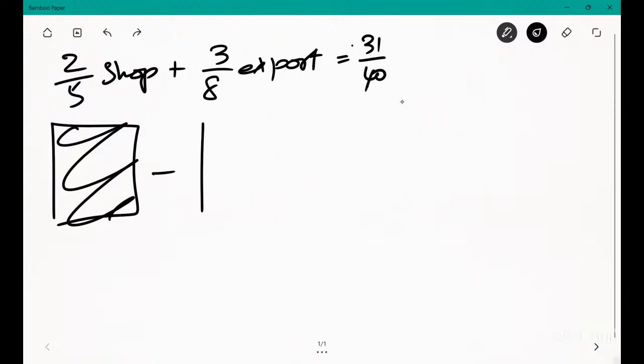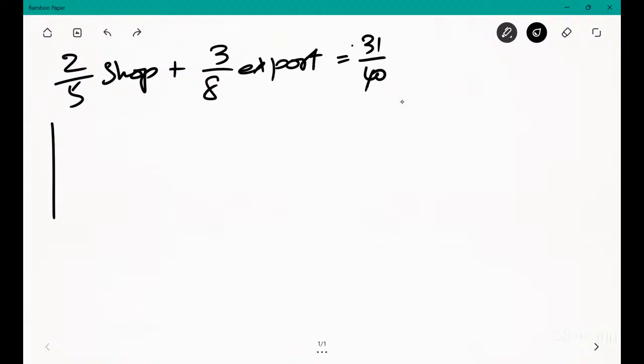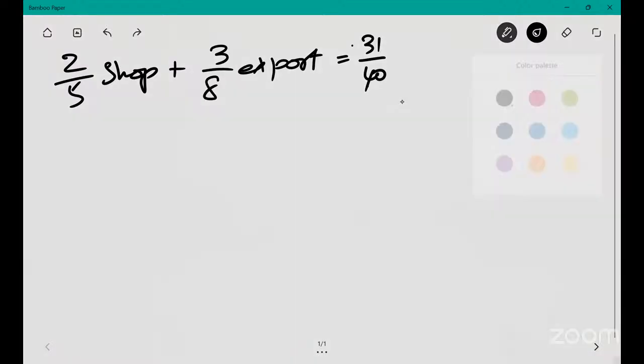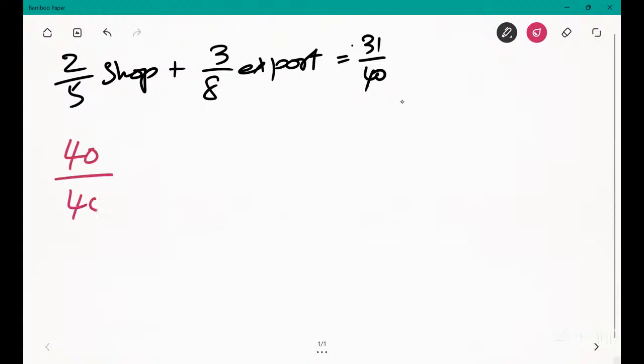So for that, you have to take the whole and subtract it by the used. Here our whole, instead of writing 1, you can directly write as a fraction itself. That's going to be 40 over 40 minus the total used amount, which is 31 over 40, giving us 40 minus 31 is 9, 9 over 40.